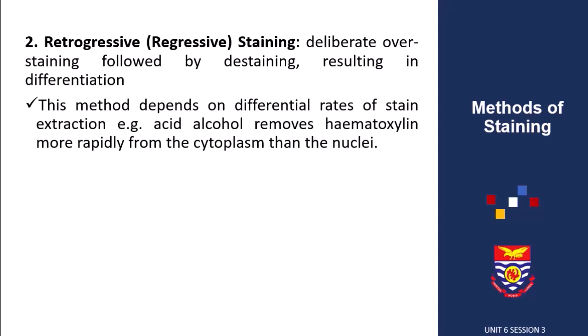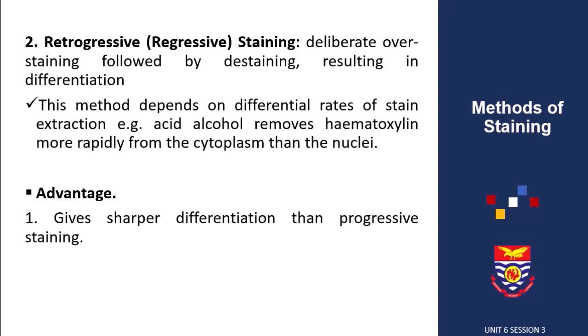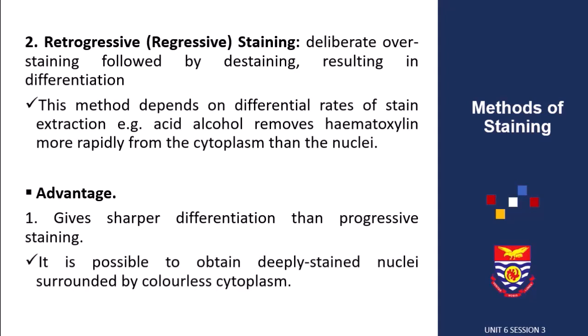For instance, acid alcohol removes hematoxylin more rapidly from the cytoplasm than the nuclei. An advantage of this type of staining is that it gives sharper differentiation than progressive staining. It is possible to obtain deeply stained nuclei surrounded by colorless cytoplasm.